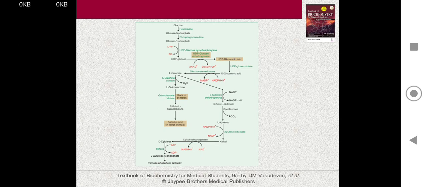In the absence of these two enzymes, essential pentosuria occurs, which has clinical importance. Now D-xylulose is ultimately converted into D-xylulose 5-phosphate, which enters the pentose phosphate pathway.